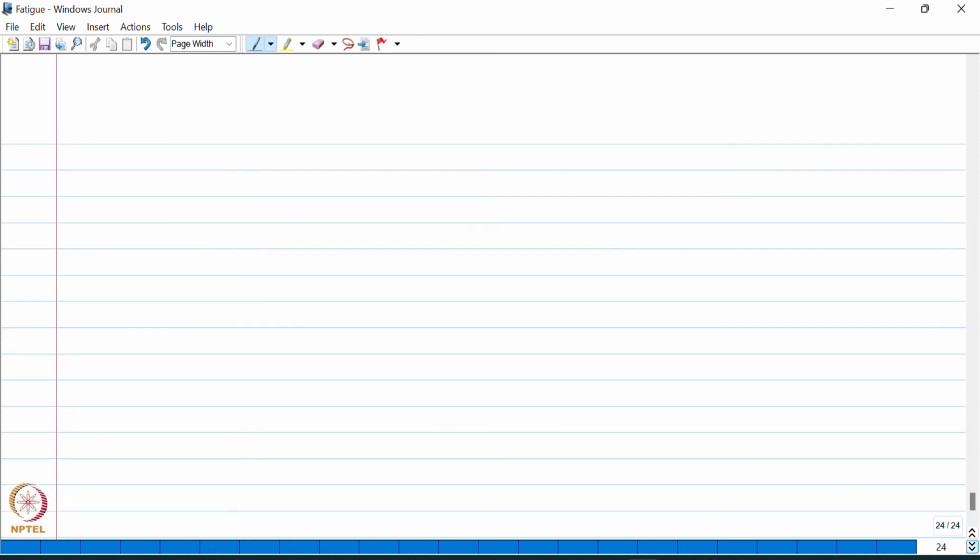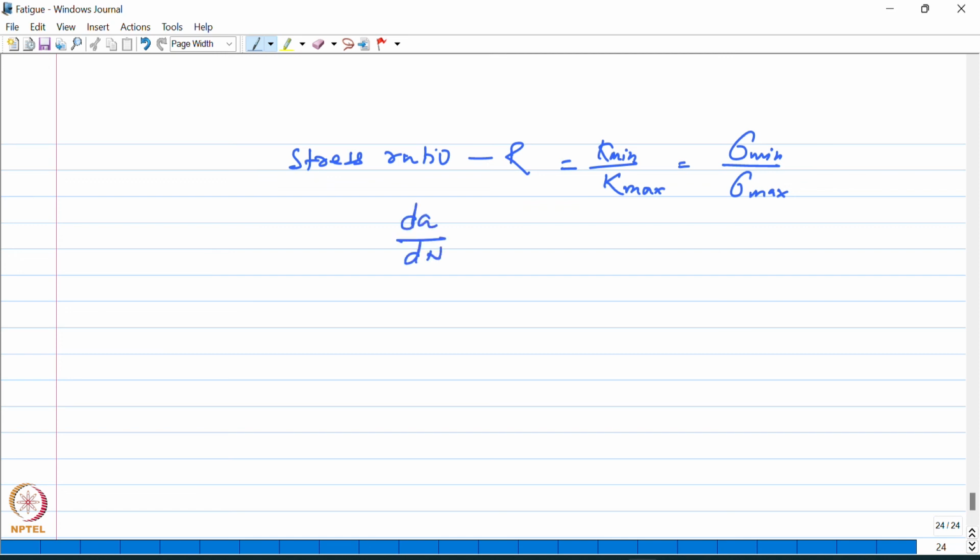And the typical characteristic of this curve that you should note here is the fact that the crack growth rate depends on the stress ratio R. Increasing the R generally increases the crack growth rate, and the dependence of the growth rate dA by dN on R can be expressed by this equation.